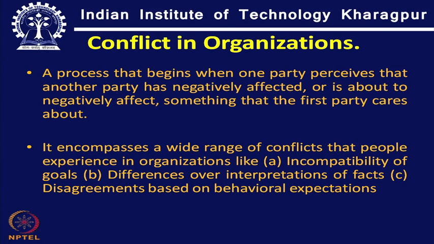So, conflict is a process that begins when one party perceives that the other party has negatively affected or is about to negatively affect something that the first party cares about.